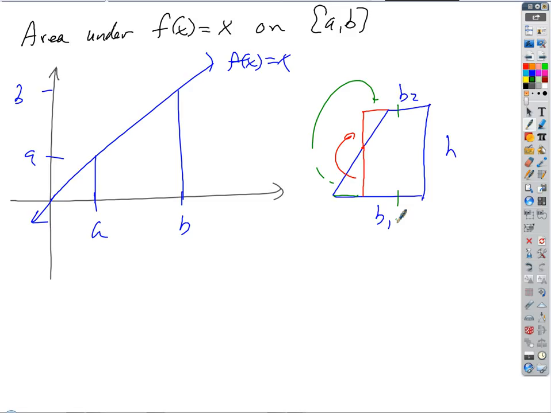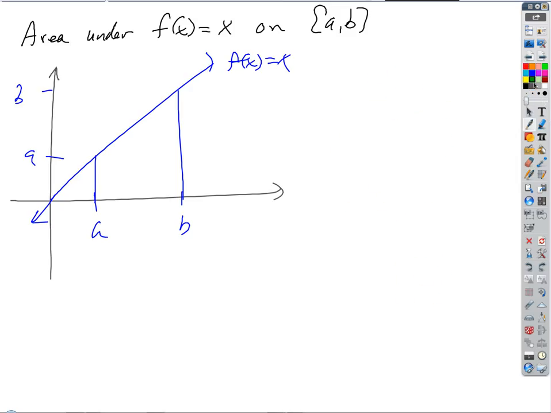Only instead of B1 and B2, this one's turned sideways. B1 is A and B2 is B, and what's the width? Well, B minus A. So what do we get then? Okay, so the area is going to be A plus B over 2 times B minus A. Well, if I multiply straight across, this is the same thing as b plus a times b minus a.